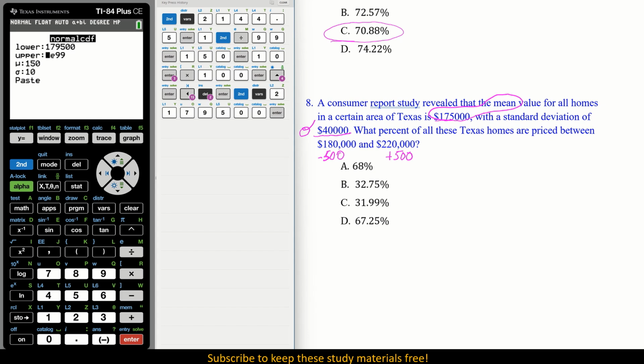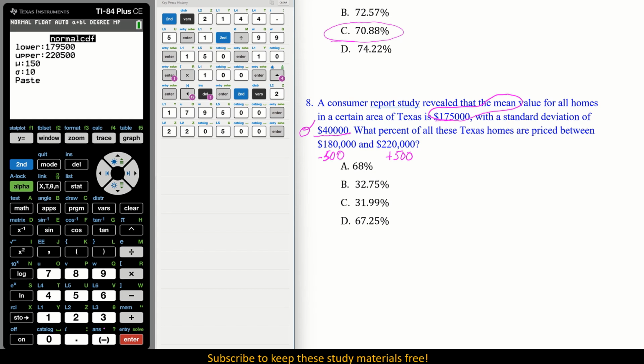Now our upper, we have to include the house that's 220,000, so we're going to add the 500 on there. Now take a look at what I did. Think about what I did. If you really give it some heavy thought, you'll see it makes sense.